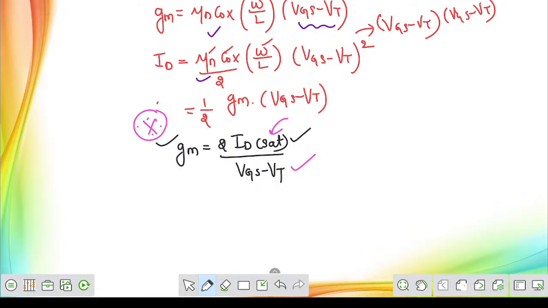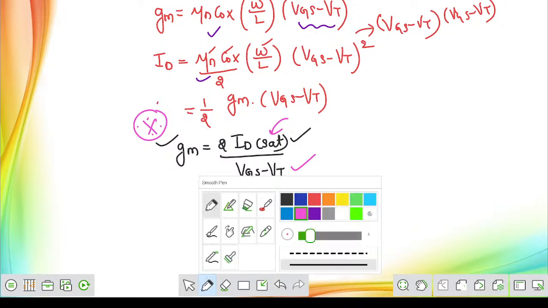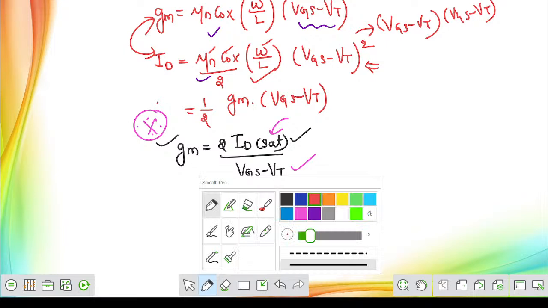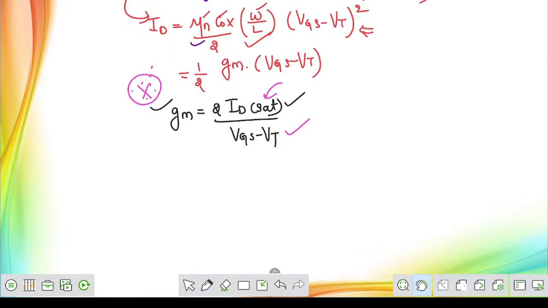And the alternative way: the transconductance can also be written in many ways. From this expression, if you keep VGS minus VT on one side and pass all other terms to the other side, or otherwise just take the square root on both sides, you can again substitute whatever data they give in the examination. Based on the data they give, I will write the formula here.